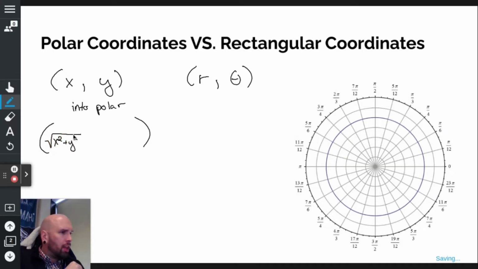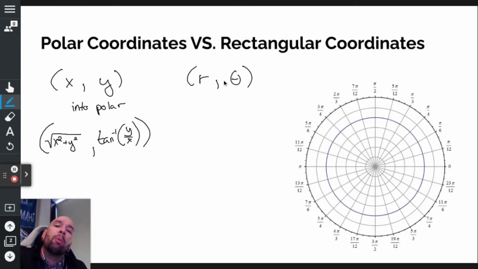And if you're like, that's kind of like the Pythagorean theorem, it sure is, because your radius is basically you taking the x and the y value and finding your radius, which is kind of like your hypotenuse. To find your theta, you're going to inverse tan the y over x, which again comes very much from SOHCAHTOA and stuff like that. So that's how you would turn something that's rectangular into polar.